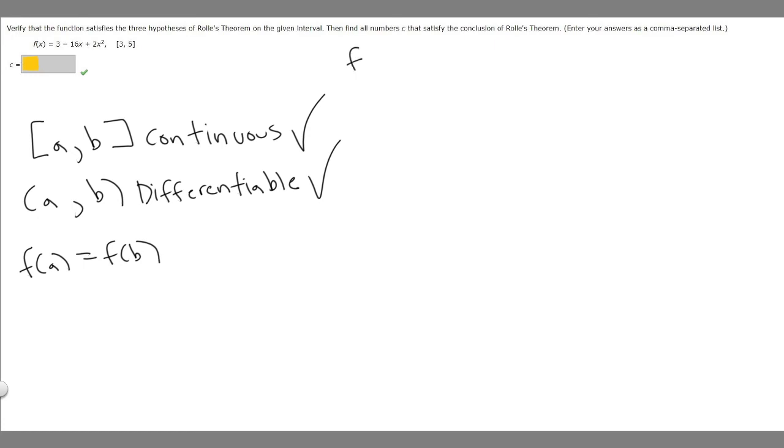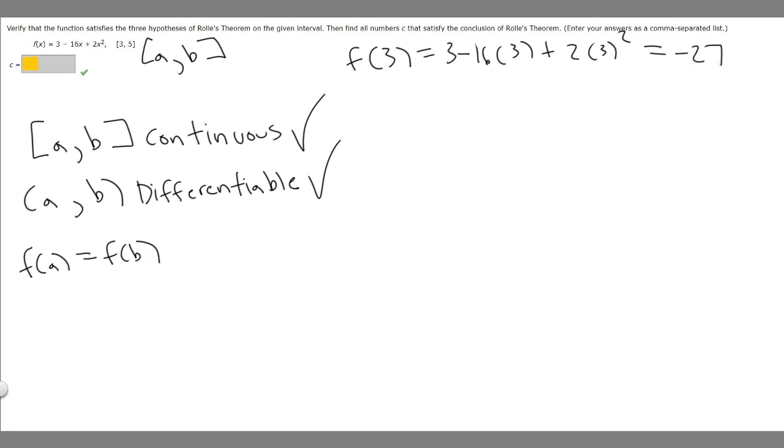So let's just test that out. If we say that a is 3 and b is 5, let's test them. So f of 3 is equal to 3 minus 16 times 3 plus 2 times 3 squared. If you plug this in your calculator, you're going to get that it equals minus 27. Now let's try 5.